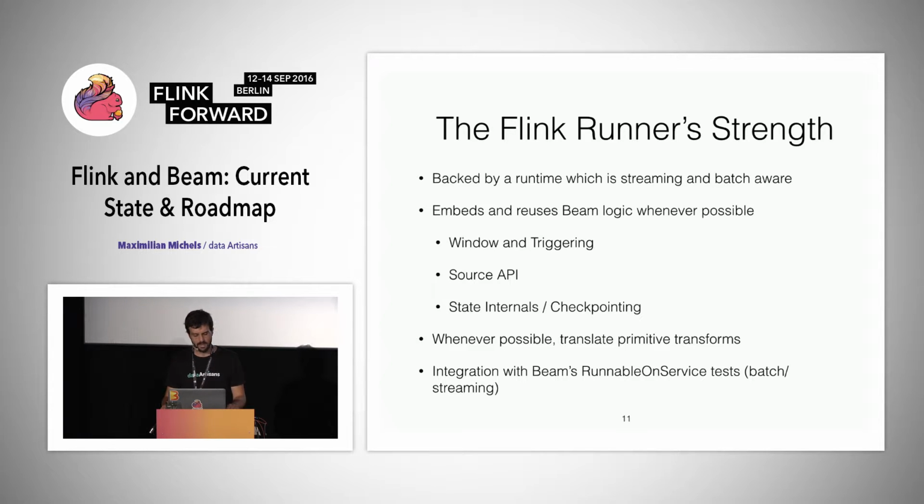And there are many small things that I think make the runner powerful. For instance, Beam has this notion of composite and primitive transforms, and we try whenever possible to implement the primitive transform.